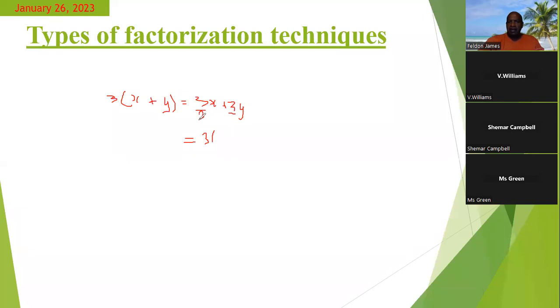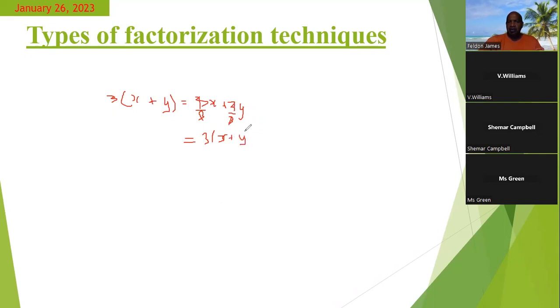So we divide 3x by 3, it cancels. What we get here, we put in the bracket. So I have x remaining, we put that in the bracket. Divide the next term, which is 3y, by the same factor that you pulled out. You see the factor cancels, you're left with y. So we put y in the brackets.